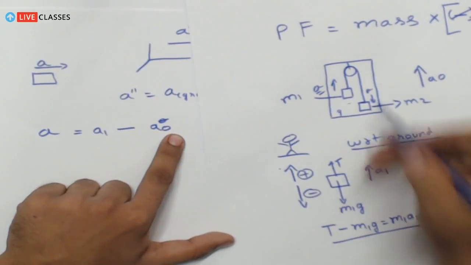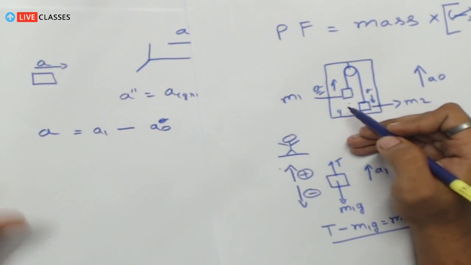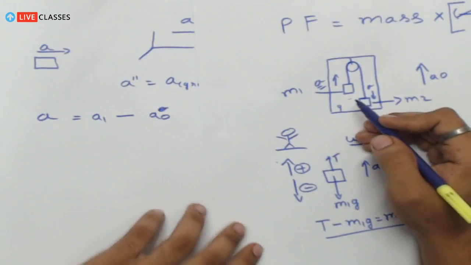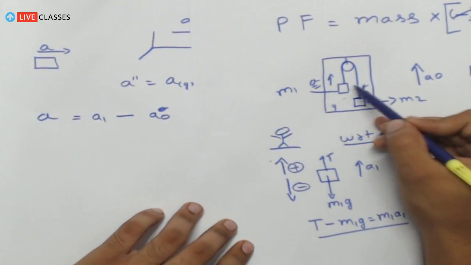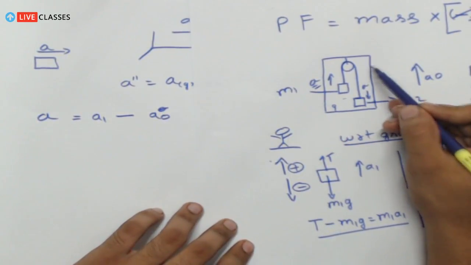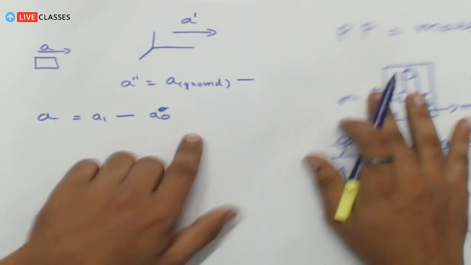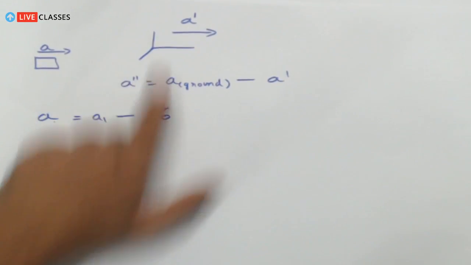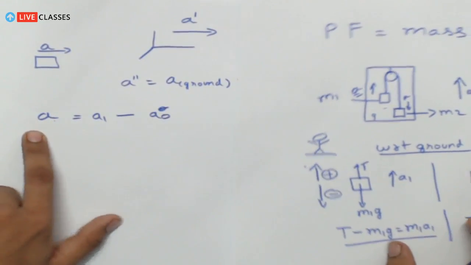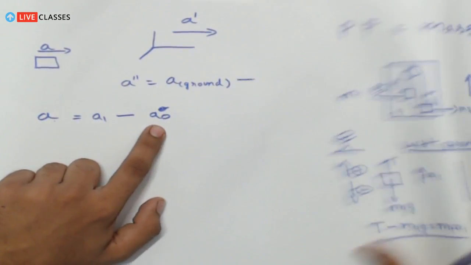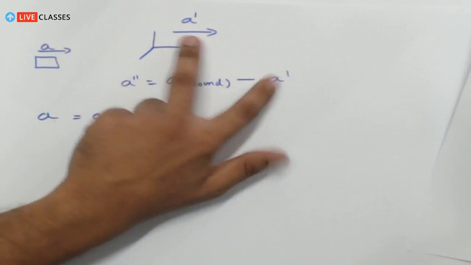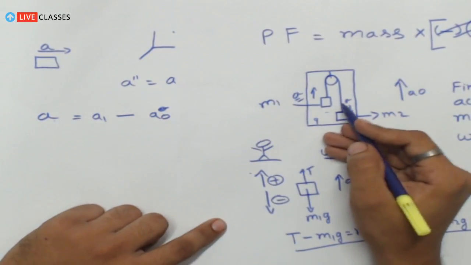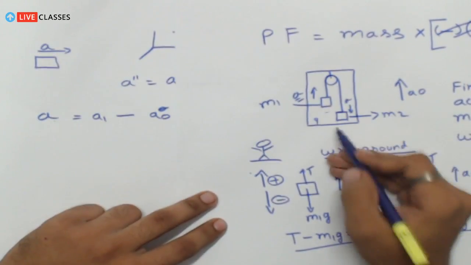As you can see, what is a? A is the acceleration of this block with respect to the lift. That is what I explained just now, a double dash, that is with respect to this frame. So a is that quantity. And what is a0? a0 is the acceleration of the frame. So in this question, our frame is the lift.